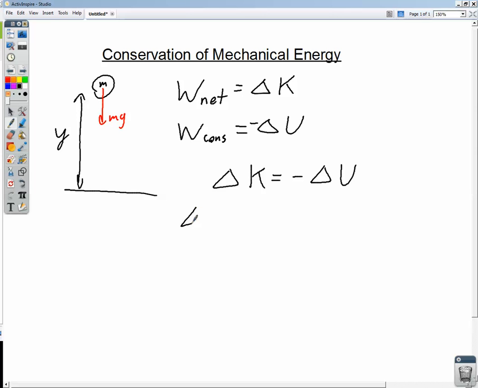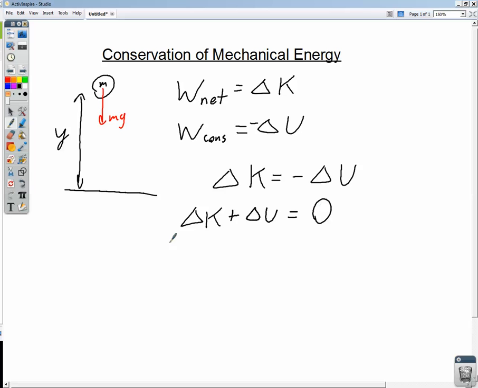So solving for this, we have the change in K added to the change in the potential is equal to 0, which means that at any time during this ball's drop, the total kinetic plus the total potential is going to equal the same thing.